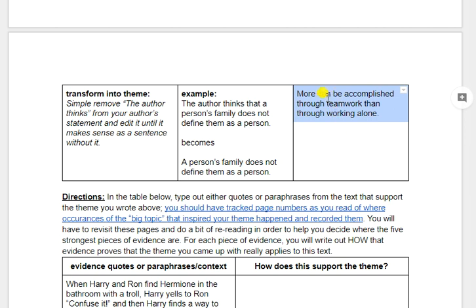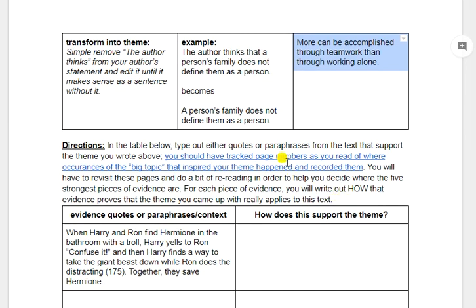So the theme I came up with in my example for Harry Potter was more can be accomplished through teamwork than through working alone. Now take a look here. This sentence is a link. It's going to bookmark you back to another part in this doc. So it says, you should have tracked page numbers as you read of where occurrences of the big topic that inspired your theme happened and recorded them.